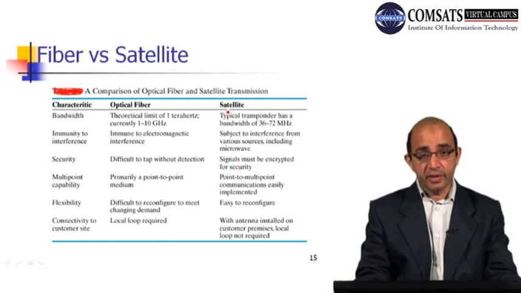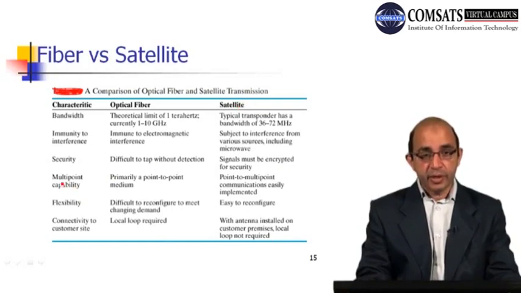For satellite communication, as we have satellites in space, the signals should be encrypted for security, right? So you can realize the importance of encryption when we talk about satellite communication.